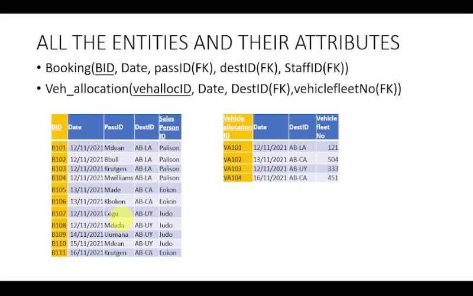All right, now we look at this. We can now see that the booking table has passenger ID as a foreign key, and destination ID as a foreign key on this table.